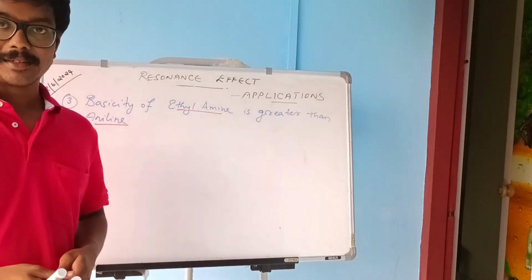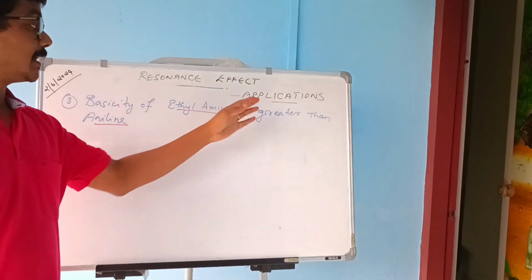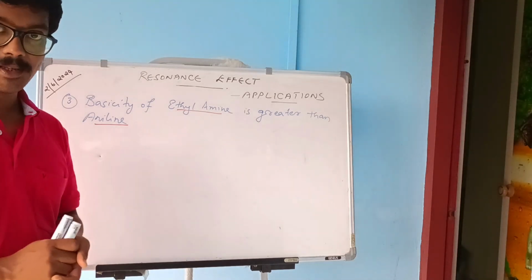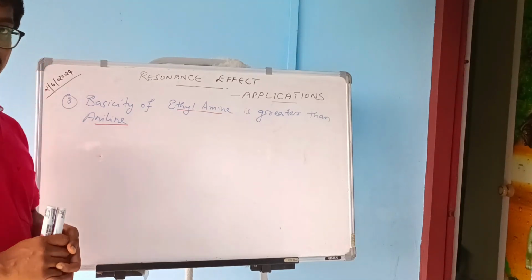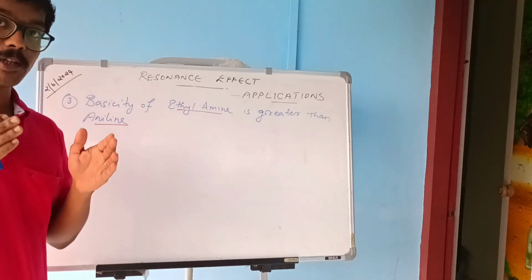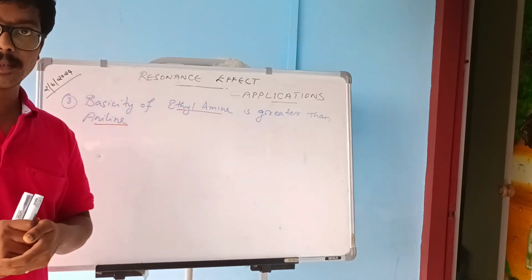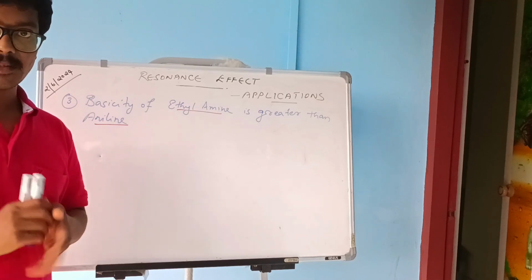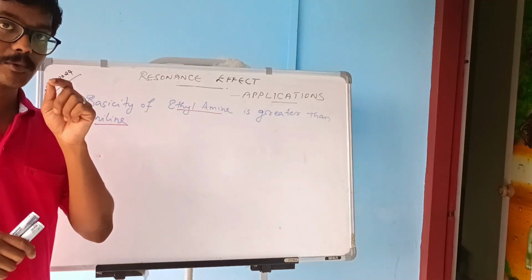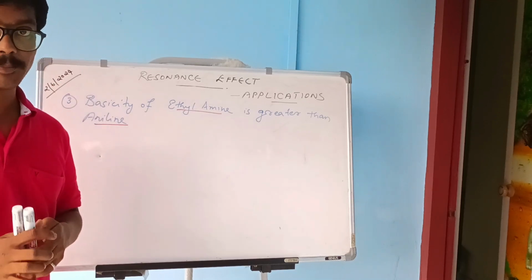The third application is that the basicity of ethylamine is greater than aniline. Aniline is an arylamine. Why? As you all know, the basicity of an amino group can be explained with the Lewis base concept, because the lone pair is readily available for protonation. The lone pair carried by the nitrogen atom is the crucial part of a base that determines the basicity of the amino group.